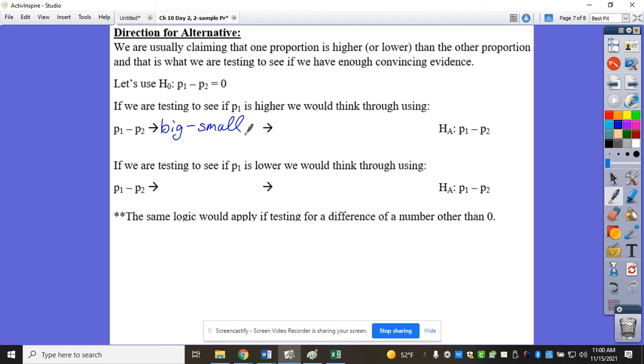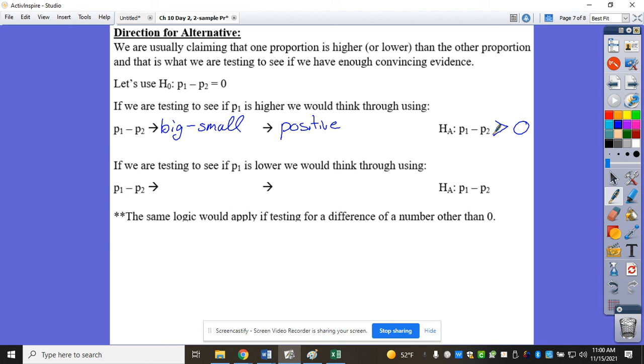And if we have a bigger number minus a smaller number, that's going to result in what kind of number? Which means our alternative would be that P1 minus P2 is what? What gives me a positive number? Greater than 0.